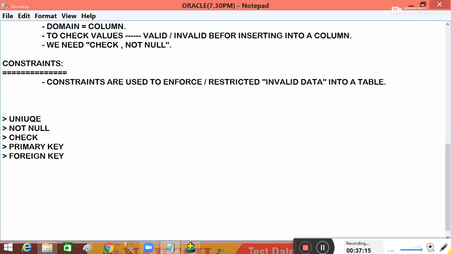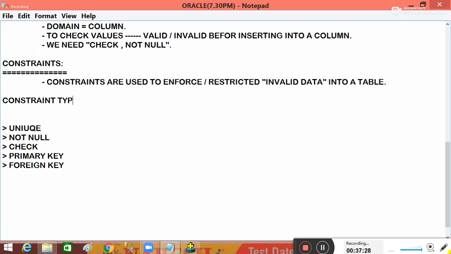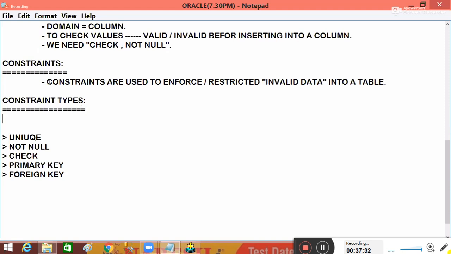That is the main cause of constraints. These are the types of constraints: unique, not null, check, primary and foreign key.